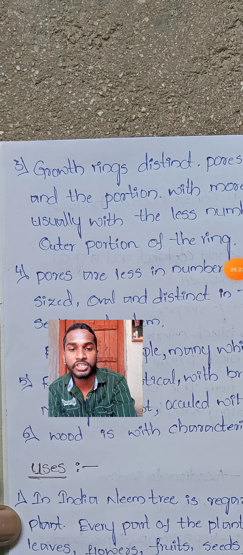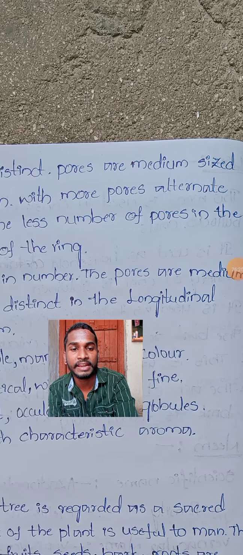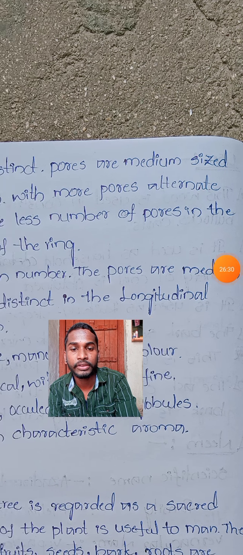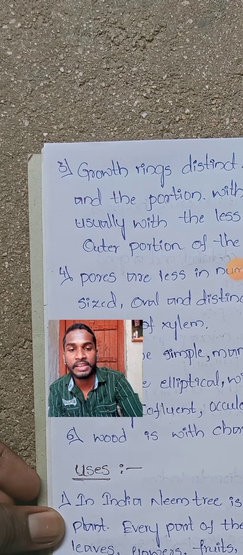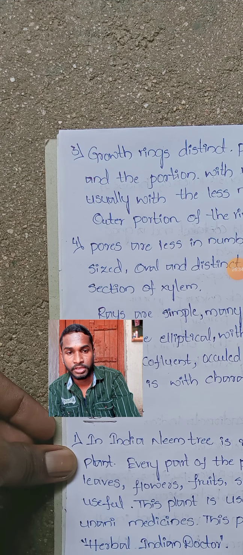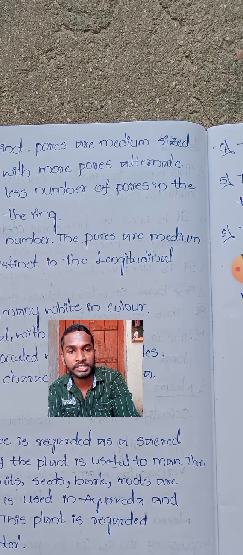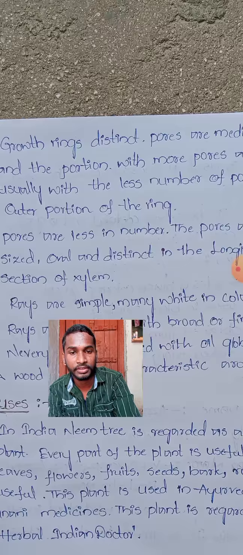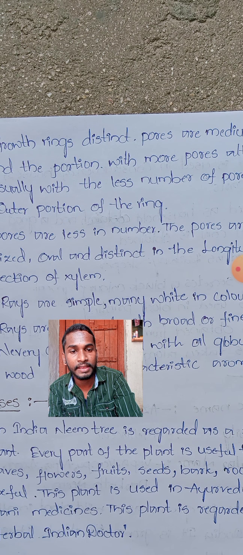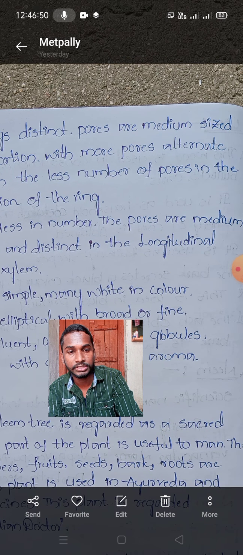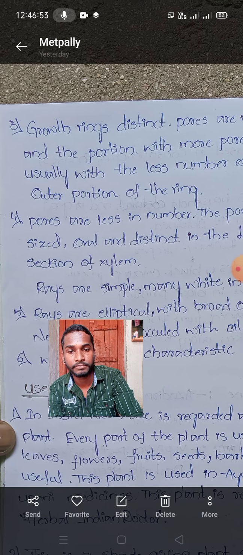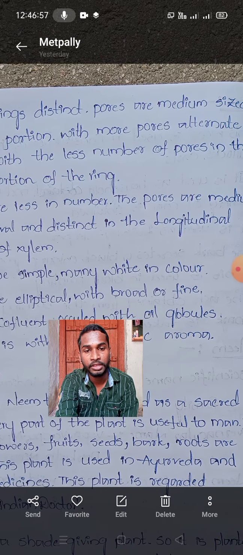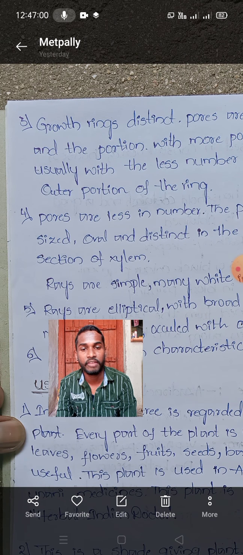In the inner portion of the ring the pores are more numerous, and in the outer portion of the ring the pores are fewer.